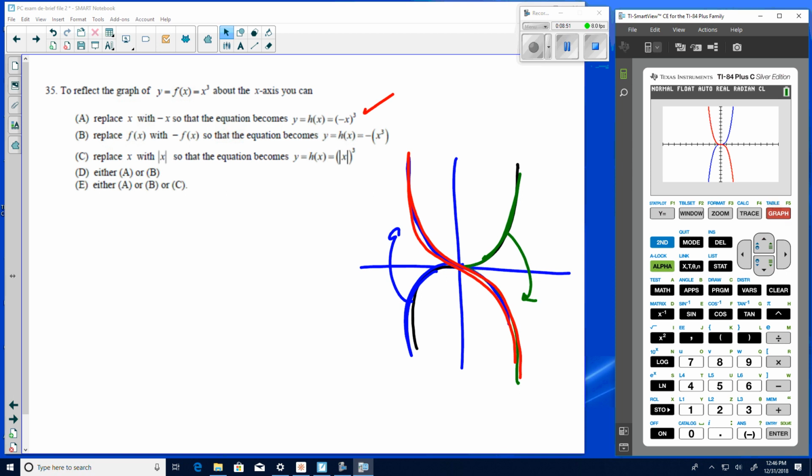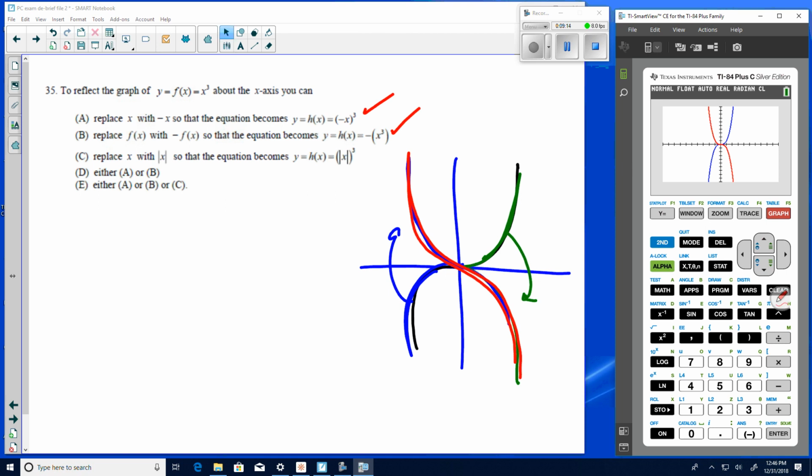By the way, if you don't like to use that y1 notation, you don't have to. We could have done the opposite of the function x cubed. Notice here the minus sign is out in front, but sure enough, that graph does what we want it to do. So this also works.